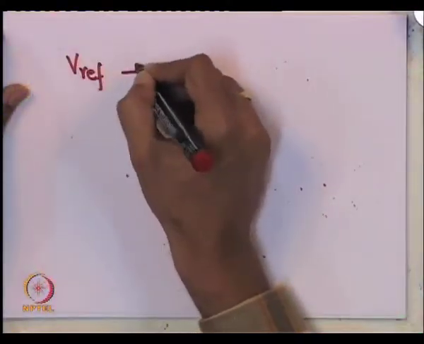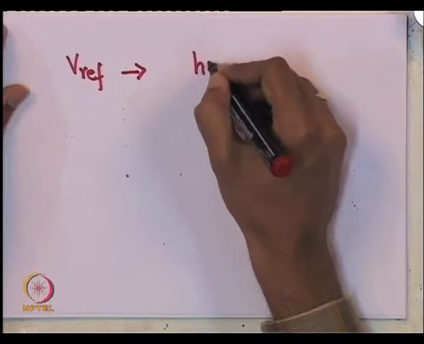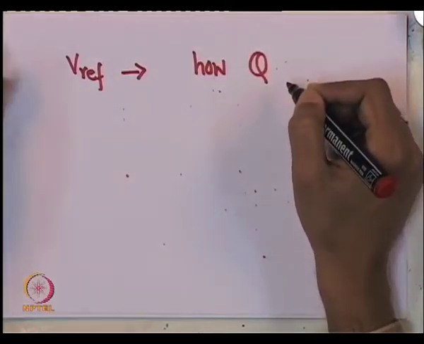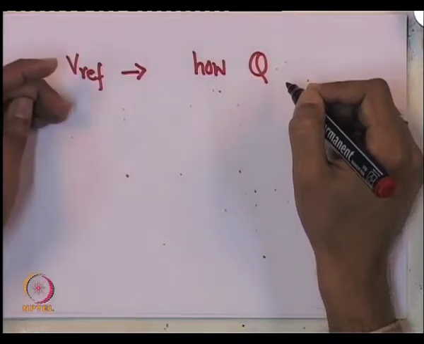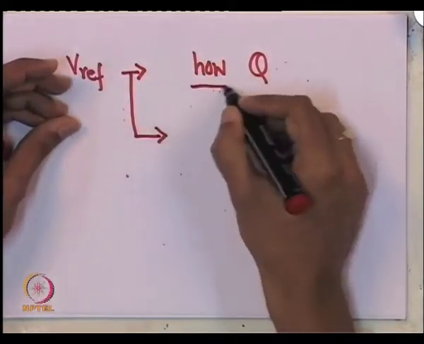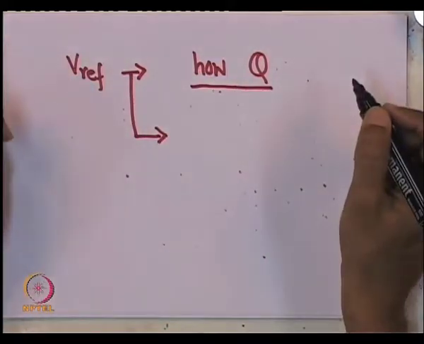One of the important issues here is what determines Vref? Well, one thing is how much reactive power the generator has to supply. Of course, by reducing Vref, one can make the generator absorb reactive power. So, Vref is determined by how much the reactive power output of the generator should be.